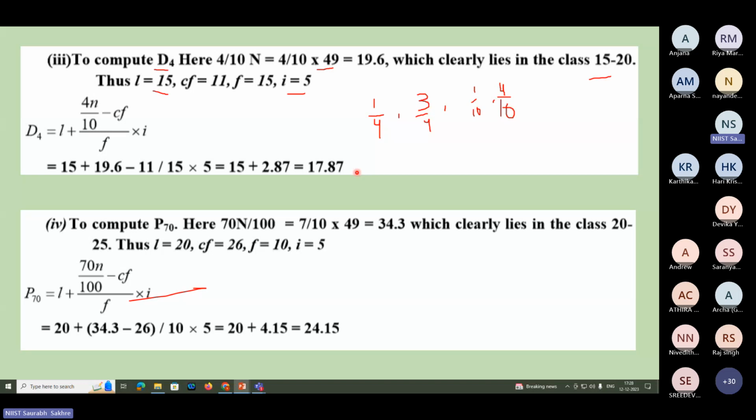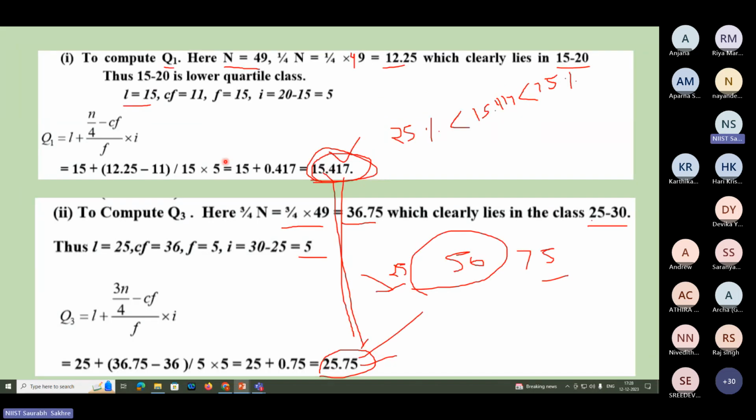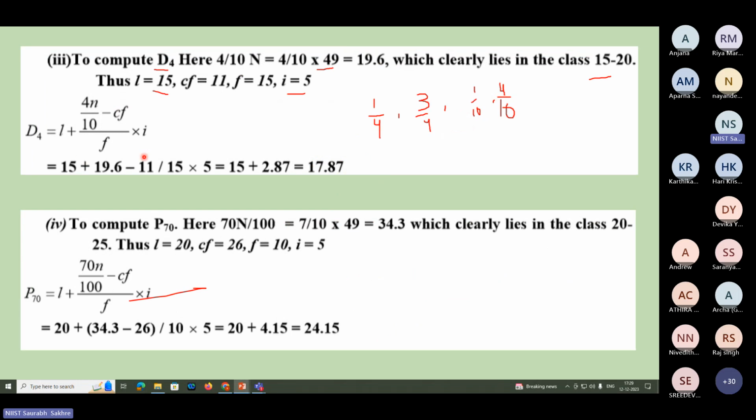Now I want you to observe one thing. This is quartile 1. Quartile 1 value is 15.417, which is 25%. Now D4 is 40%, so naturally the 40% value should be more than the 25% one. So I can say that 40% of the students in the class are having marks less than 17.87.